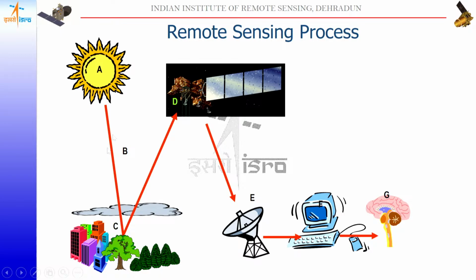Another point to notice here is that for Earth-based observations, there is also an atmosphere that covers the Earth, and the signals, both while incoming from the source to the target as well as from the target to the sensor, encounter this interaction with the atmosphere. So, this may be wanted, this may be unwanted.